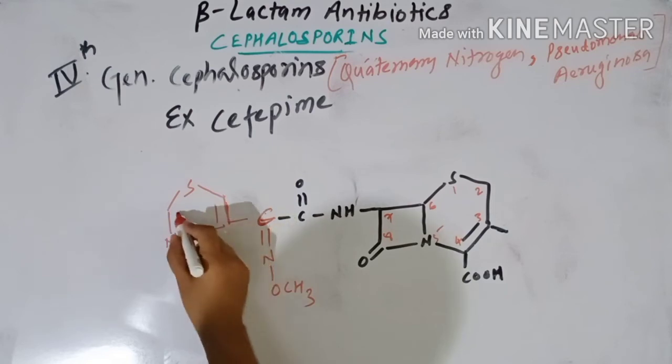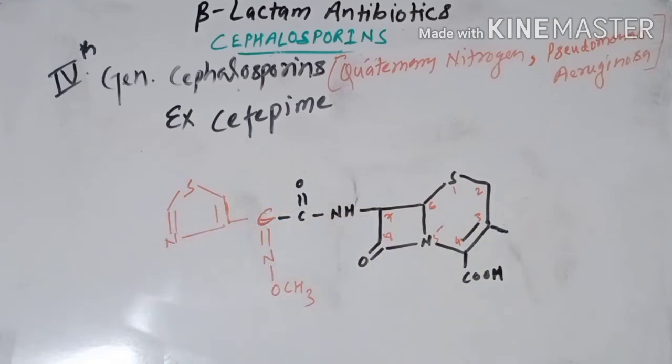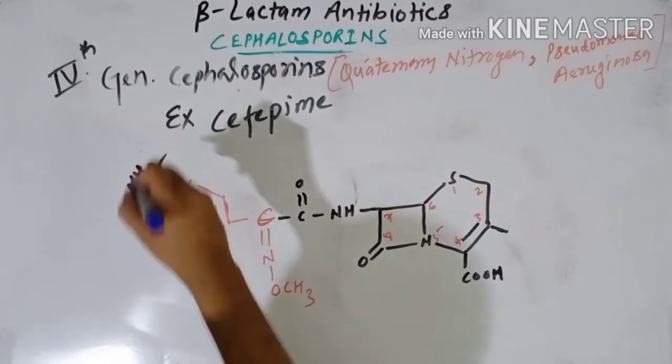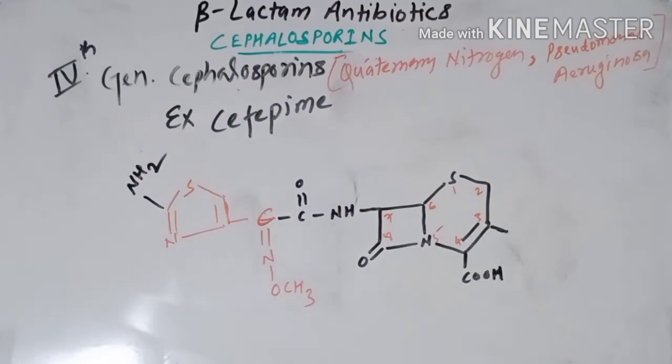This is your thiazole, and on this thiazole there is an amine group. So the amine group remains as such. Now what is substituted at the third position?